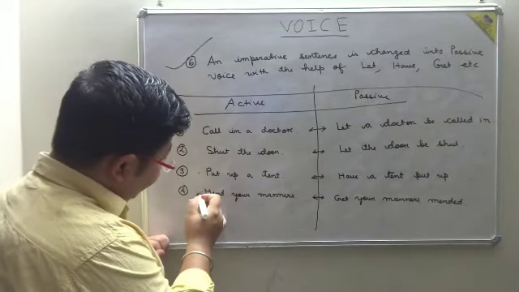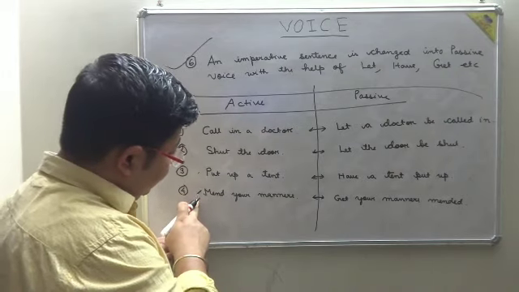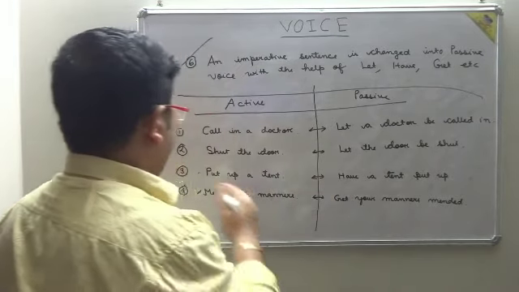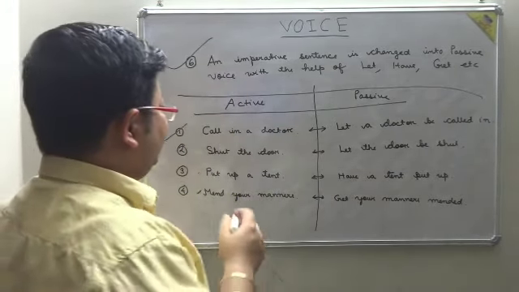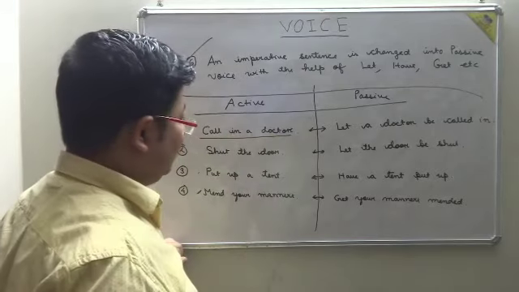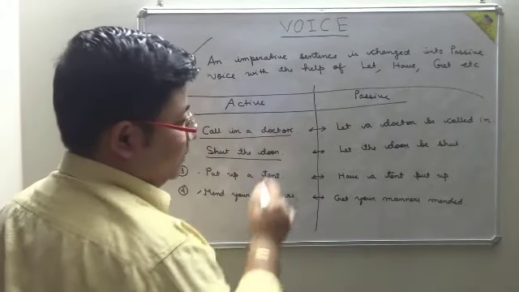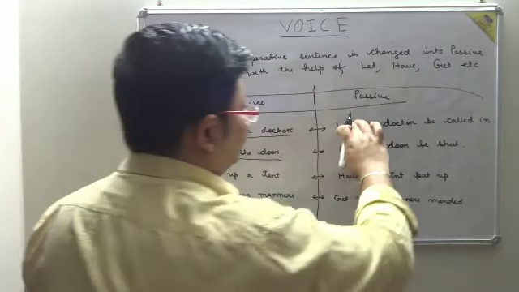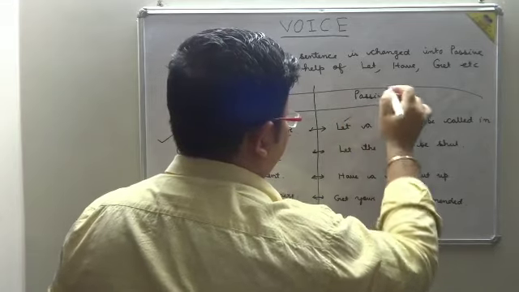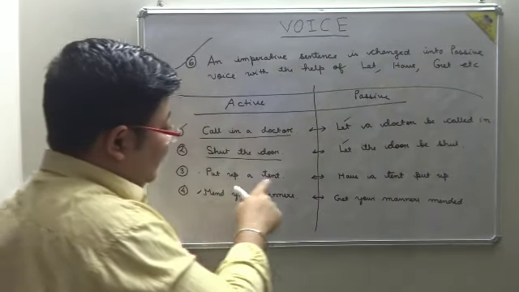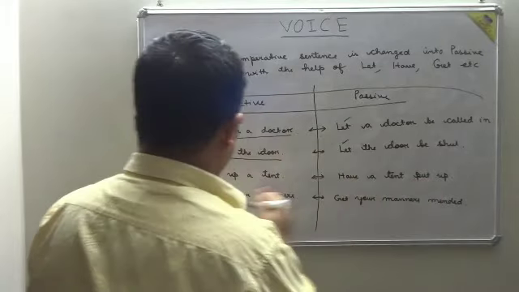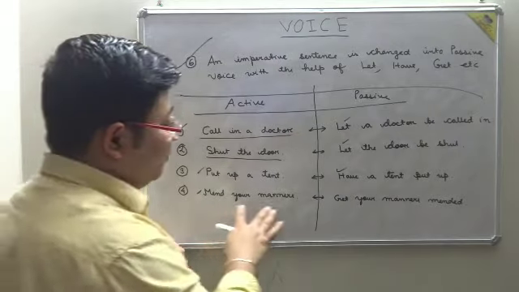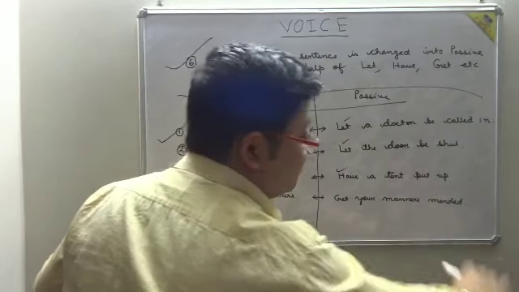When mend and other types of words are there, then use get. When the imperative sentence is like call in a doctor, shut the door, if it is a type of order or command or request, then use let. Put up a tent. Have a tent put up. If put is there, then you use the word have. Mend your manners. Get your manners mended.